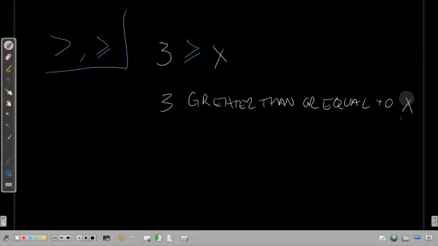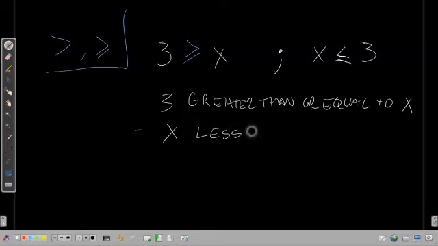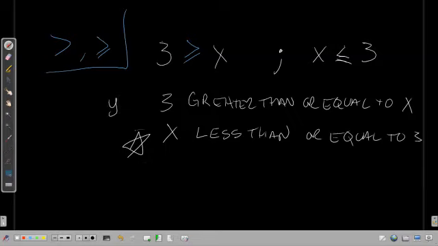But that's a pain in the behind. It would be much easier to rewrite it with the variable on the left, so that way first I'm talking to you about this quantity x, whatever it may be, and then I can say x is less than or equal to 3. Notice that in each case, the pointy side points to the x. So they mean the same thing. x is less than or equal to 3. And this is the one we like, and this is the one that stinks.